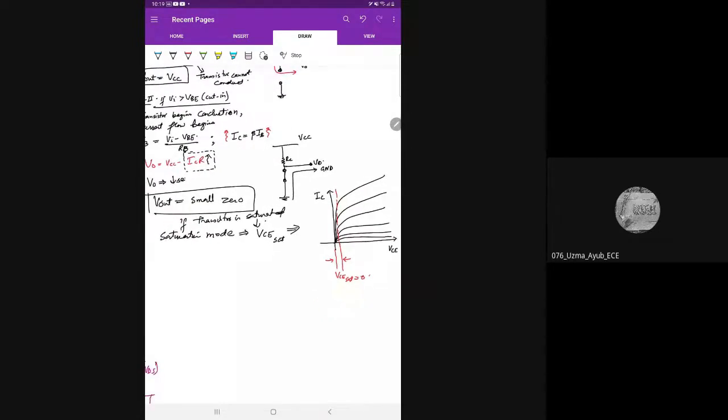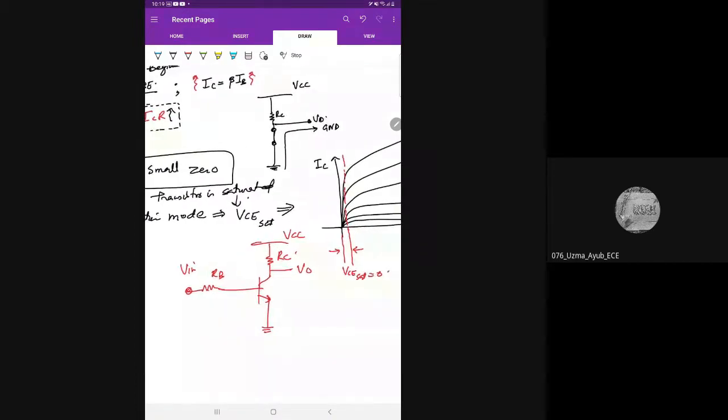It also means that if you have a transistor working in saturation, and this is VCC, and this is your RB, and this is V input here, and this is V output here, this is RC. So whatever potential is between collector and emitter, this is VCE. When VCE is nearly equal to 0, it would mean that it is a short circuit.